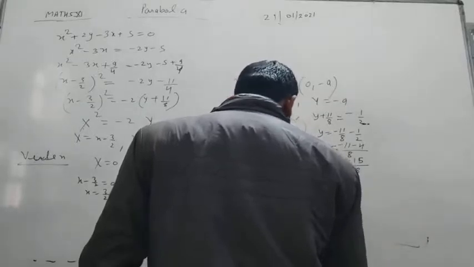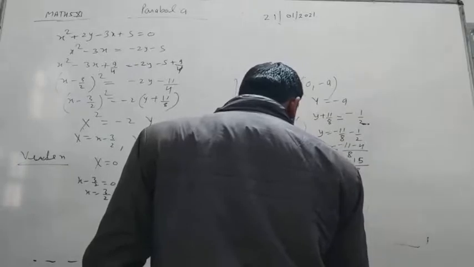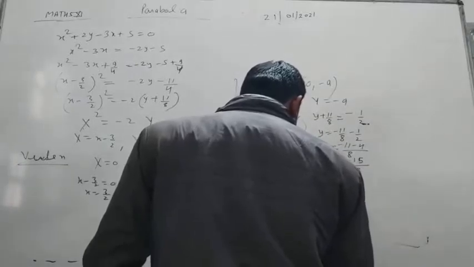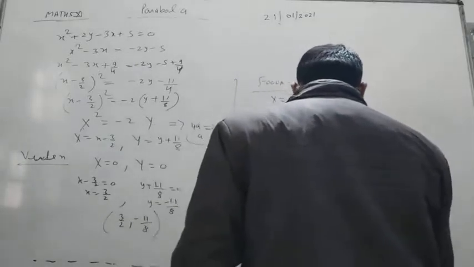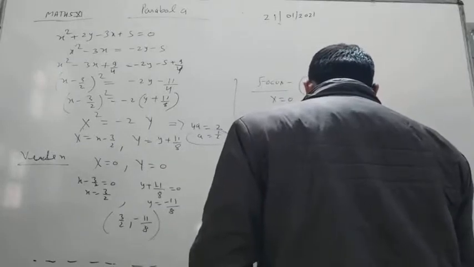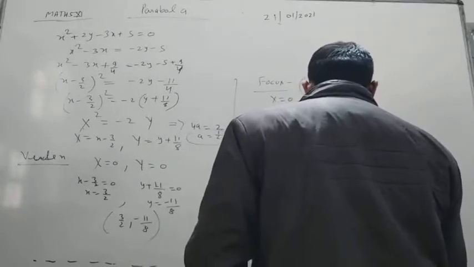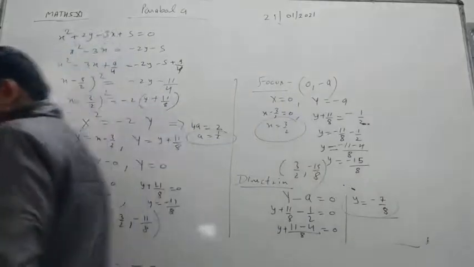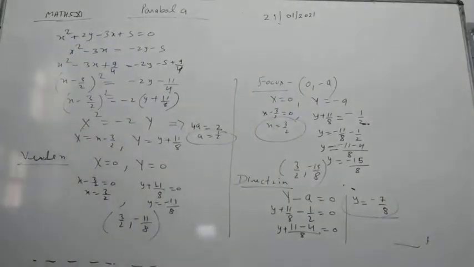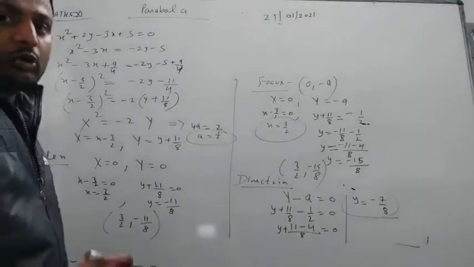So y plus 11 by 8 minus 4 by 8 is 0. This implies y is equal to minus 7 by 8. Okay students, so the directrix is y equals minus 7 by 8. Okay, I hope you understand, students.